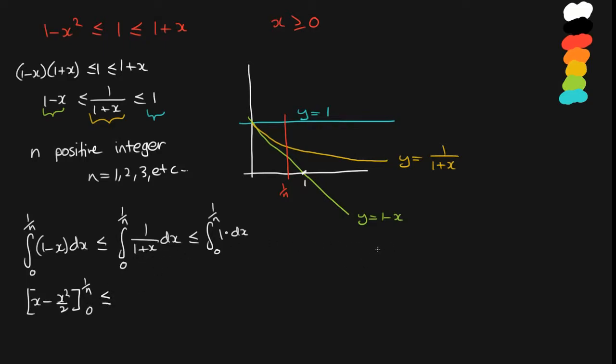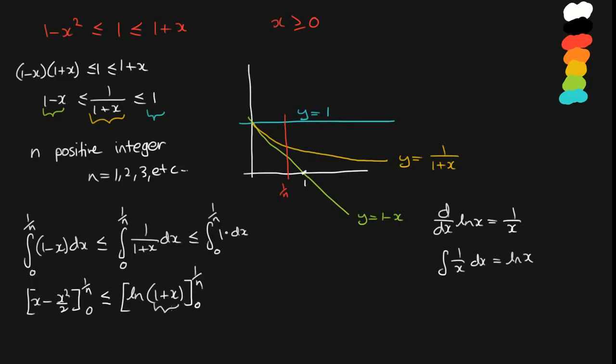Now for this middle integral, remember before we had d dx of ln x is 1 on x. Therefore the integral of 1 on x is ln x, because ln x is an antiderivative of 1 on x. And similarly, this will be ln(1 plus x), because if you differentiate ln(1 plus x), you'll just get 1 over 1 plus x, and even though there's a 1 plus inside there, it won't change anything.